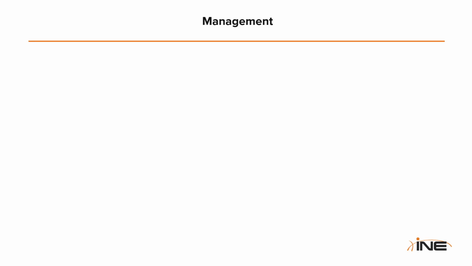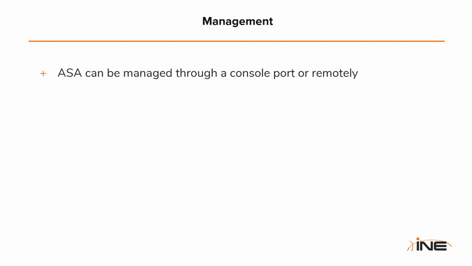And one final thing, one final word about management, about the administration of the ASA. Well, you can certainly access the ASA using the console port, which is going to be an example of the command line access.